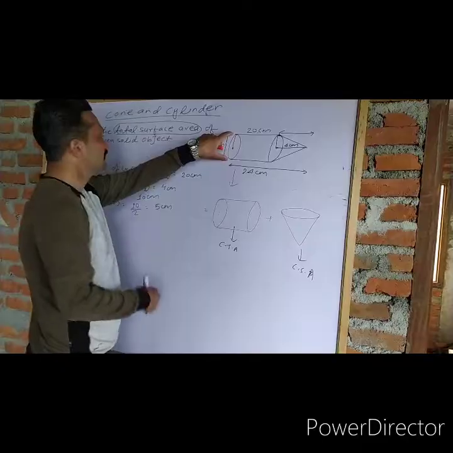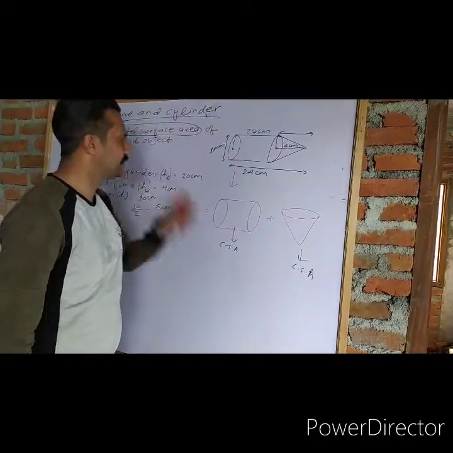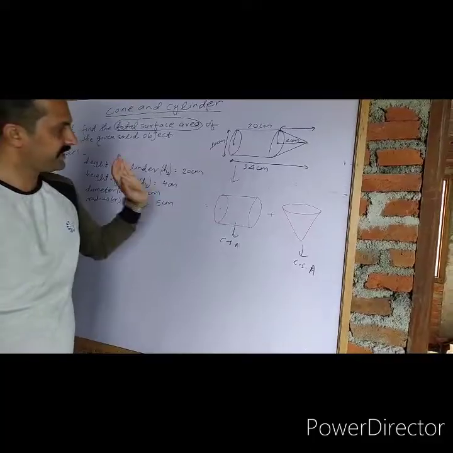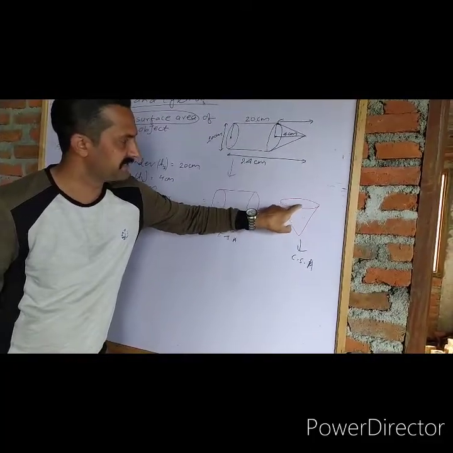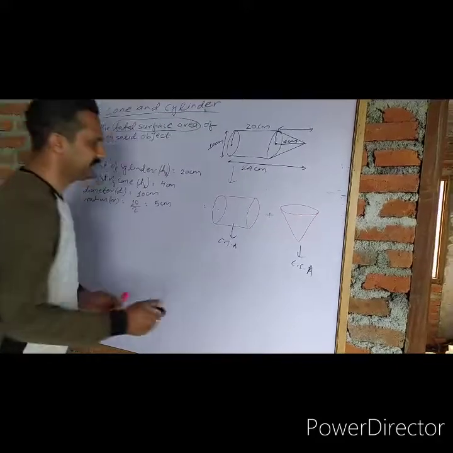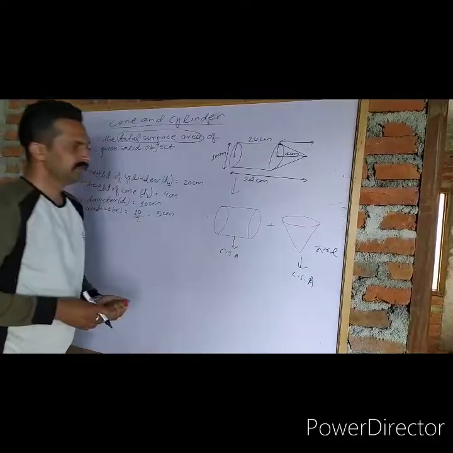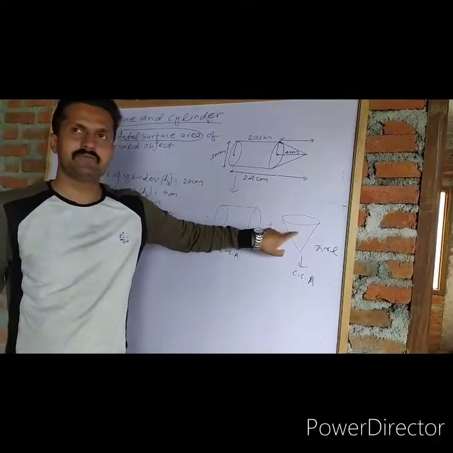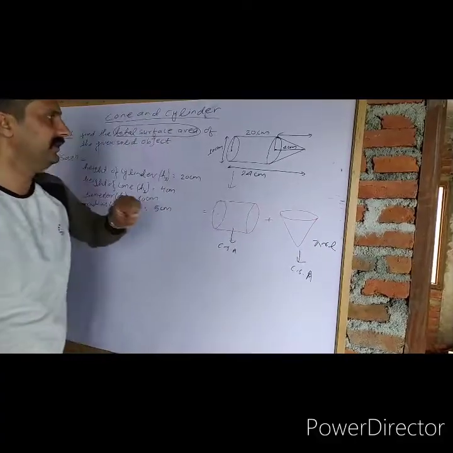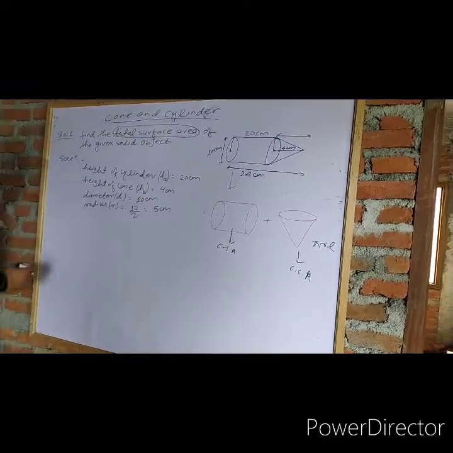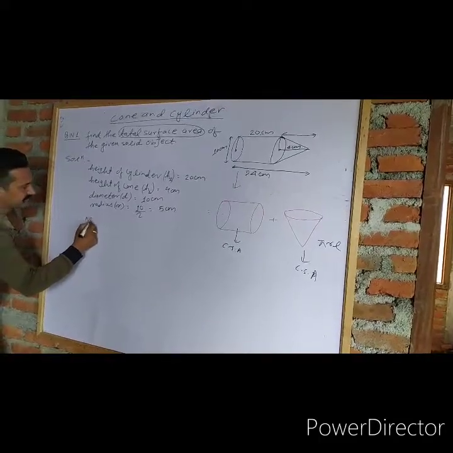Then we will get the total surface area of given solid. So, firstly, find the curved surface area of cone. That formula is pi r L. To get the CSA of cone, the value of L is not given. So find the value of L by using formula.